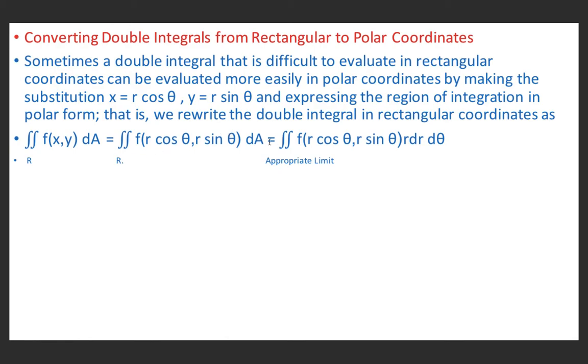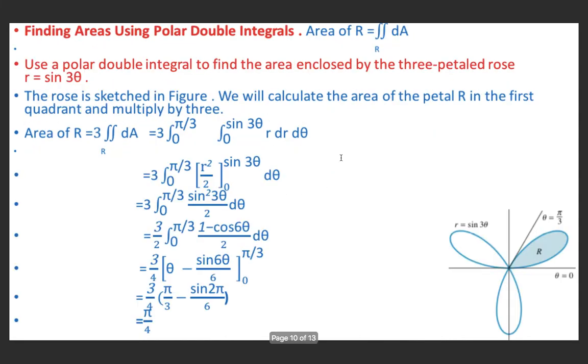So we can convert into iterated integrals f(r cos theta, r sin theta) multiplied by r, we always multiply by r, dr d theta, between the appropriate limits, which we will determine using the sketch of the figure which we discussed in previous slides.